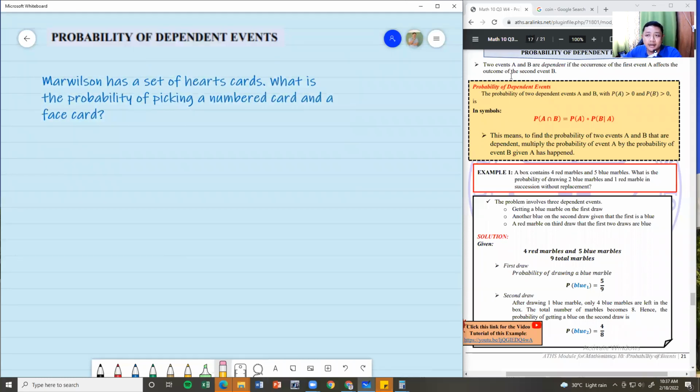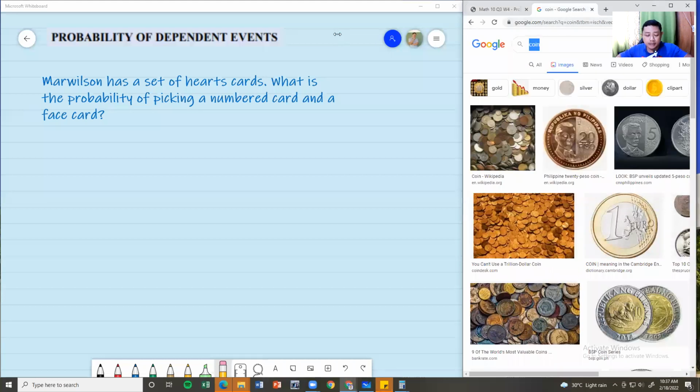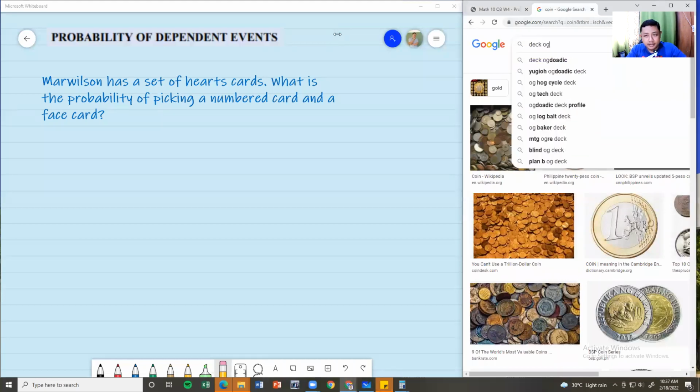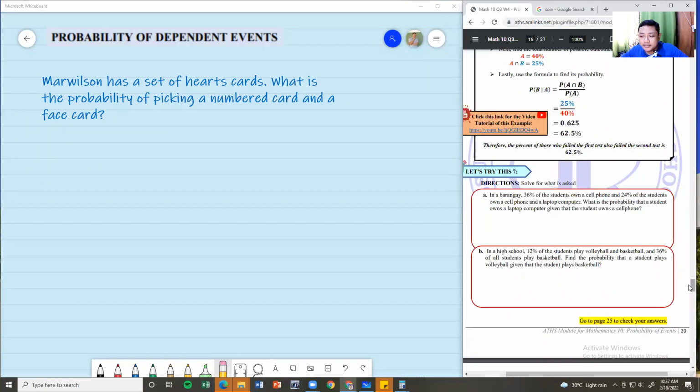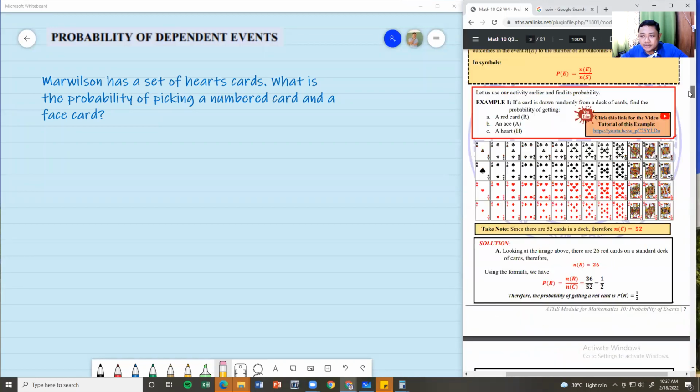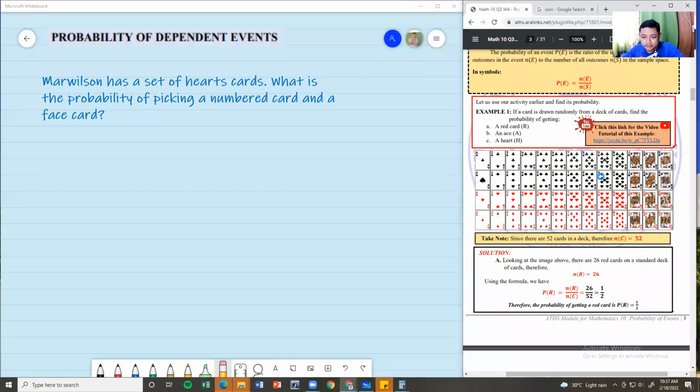Okay, you're familiar with the hearts cards. Let me just get a deck of cards, and just show which are those cards here.